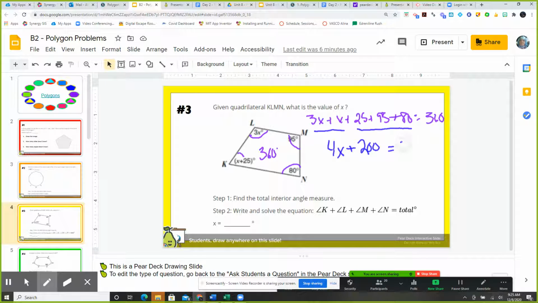And then what? Subtract 200 from 360. It's 160. Perfect. And then last step? Divide by 4. Perfect. X equals 40.